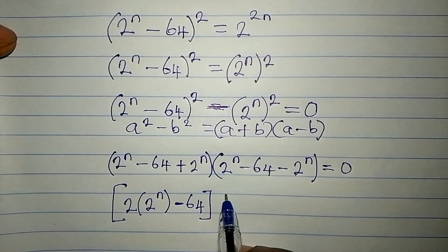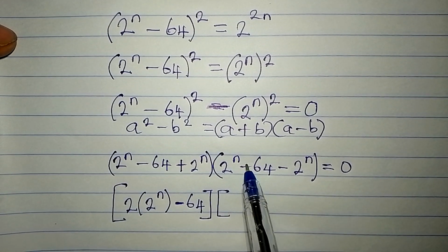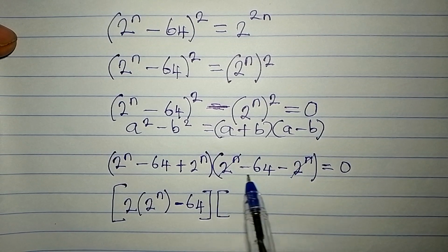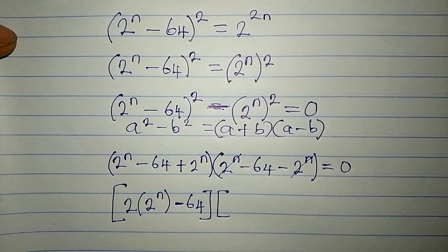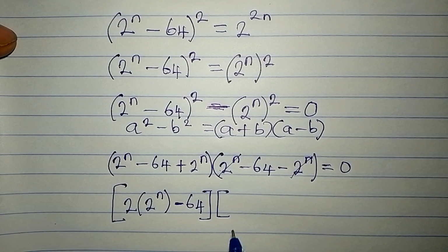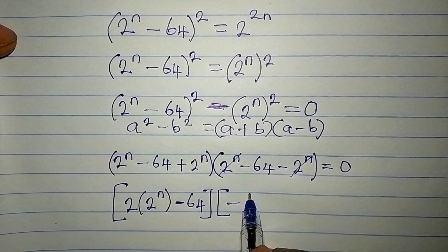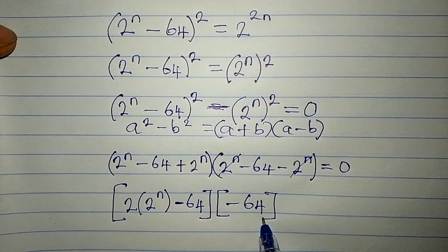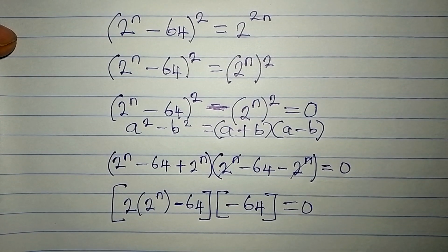In the second bracket, the 2^n and the minus 2^n can cancel because we're having opposite signs. This is positive and this is negative, so they cancel each other. So we'll have negative 64 in this bracket, and then we equate to 0.